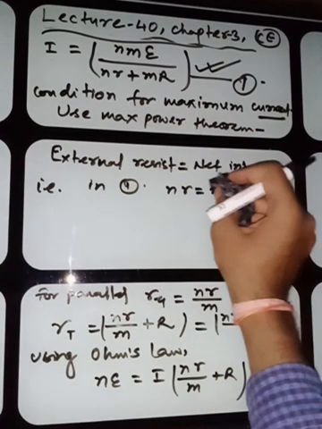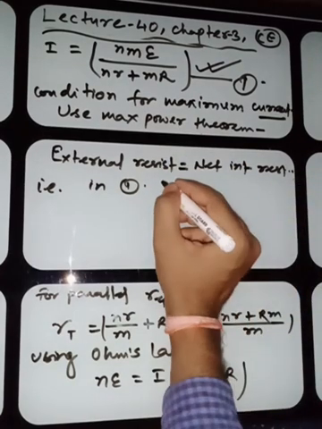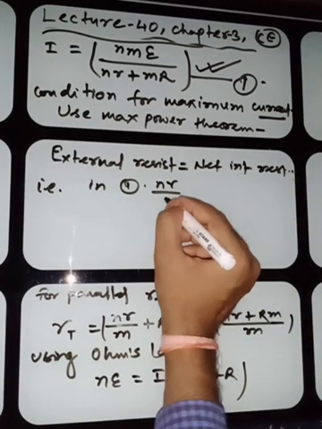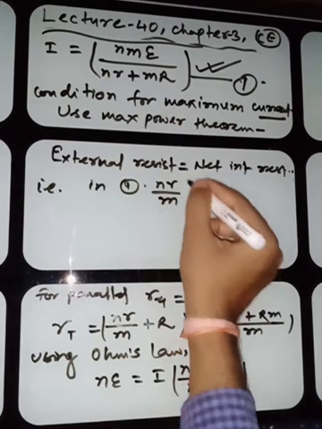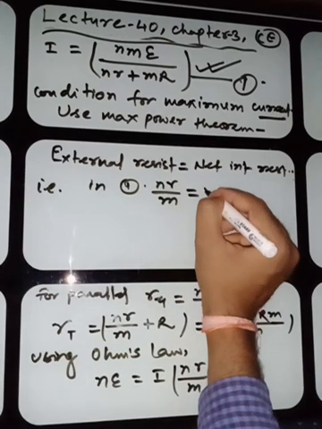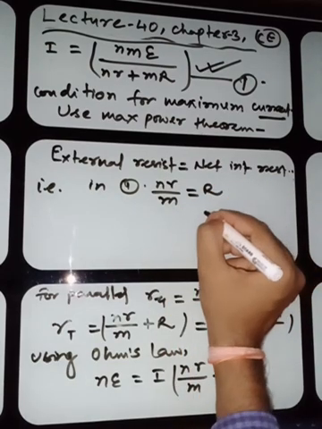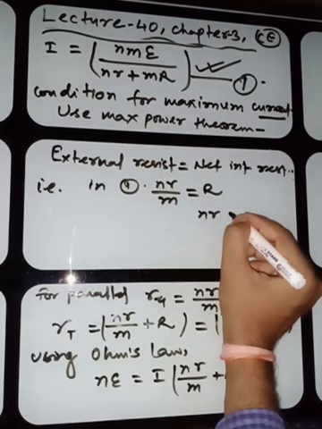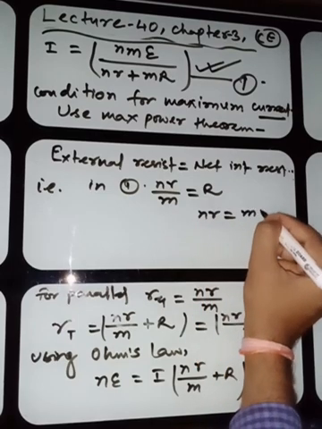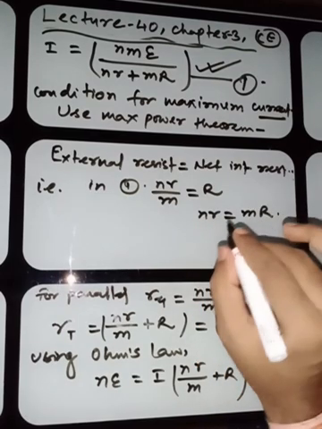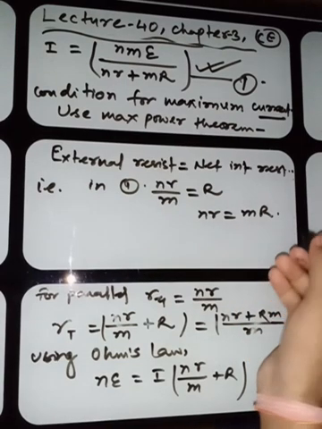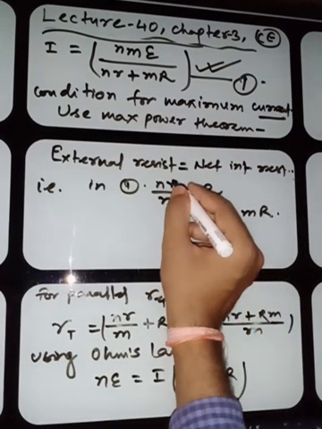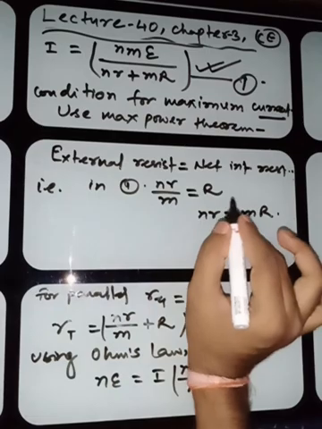It is NR by M. This is the net internal resistance. It should be equal to R. So we can write NR equals M times R. I hope you understand. Or R you can write directly as NR by M.